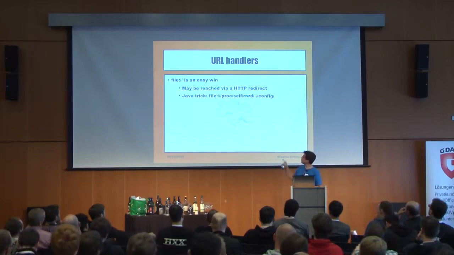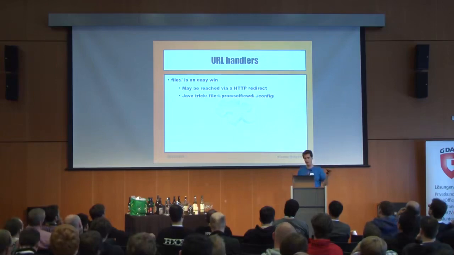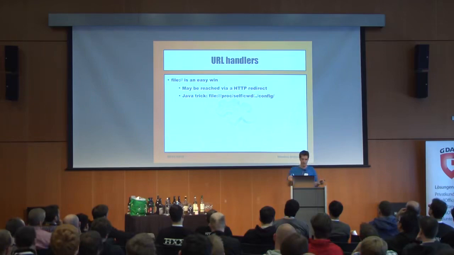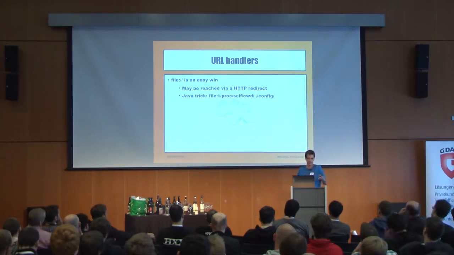And if your target is using Java, you can use both proc and ... to reach directly in one shot, in blind mode, the configuration directory. So if it's using, for example, Ruby on Rails, you have some specific naming of the configuration files, so you can retrieve your content without any specific information on your target.